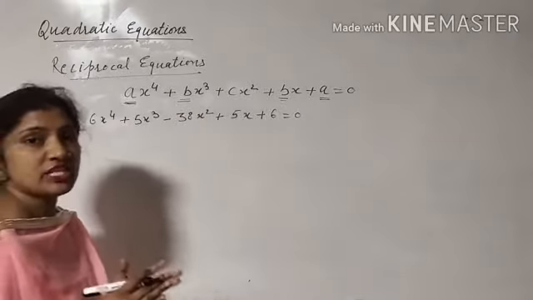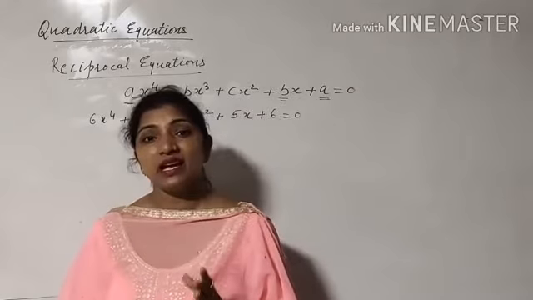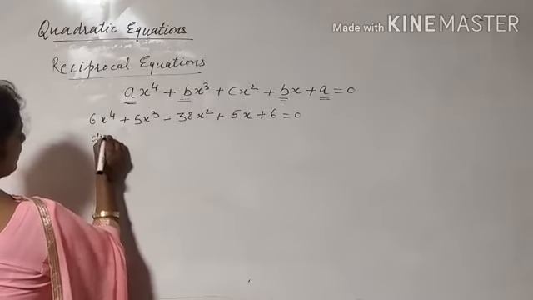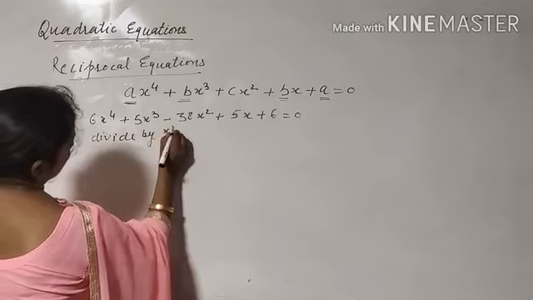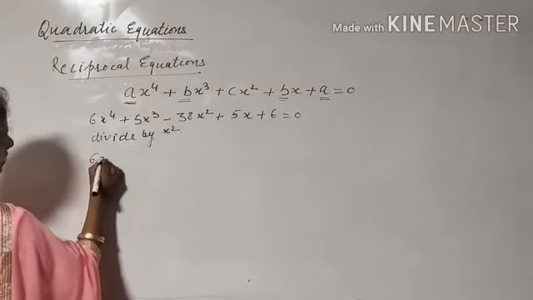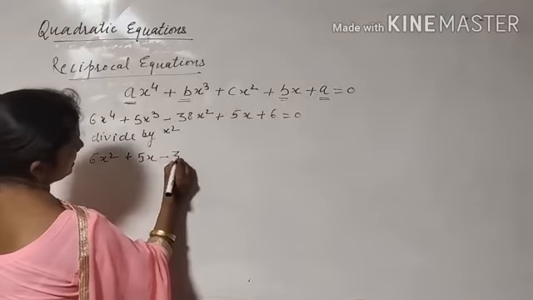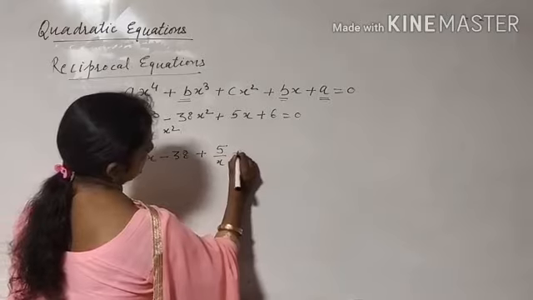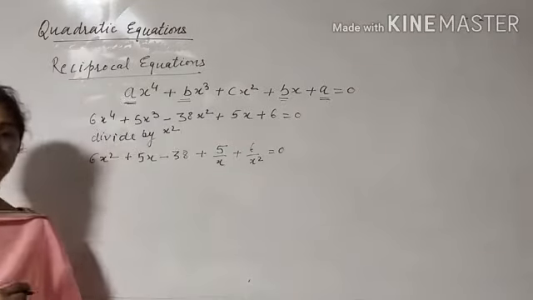When the equation is of degree 4, we have to divide the equation by x square. If I divide by x square, I get 6x square plus 5x minus 38 plus 5 by x plus 6 by x square is 0.